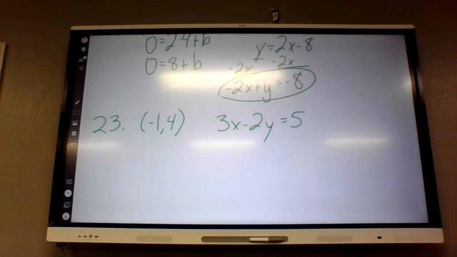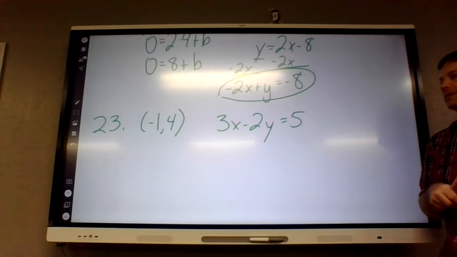All right. Do you guys recall what we know about perpendicular slopes? They're opposite reciprocals. So they go from positive to negative, and they also flip upside down.